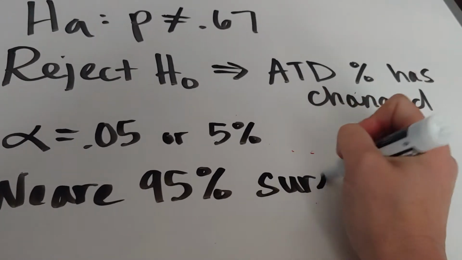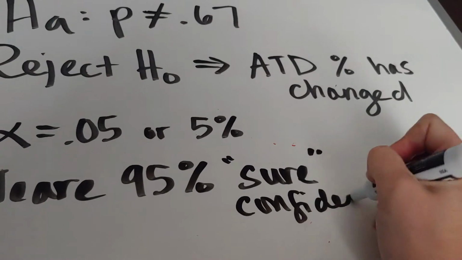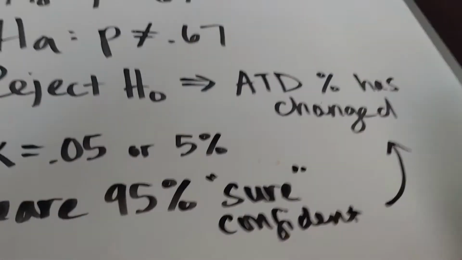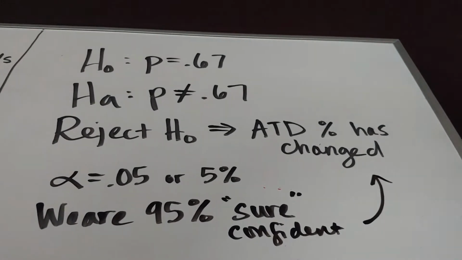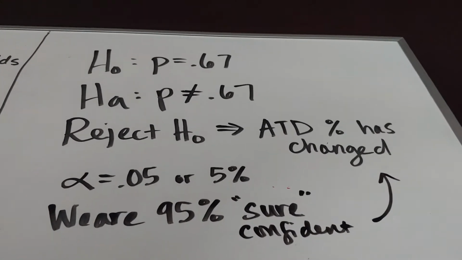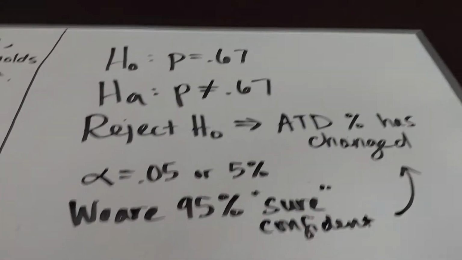How about 95% sure, confident in our results? Okay. So when I do a 5% measuring stick, I'm saying I'm 95% sure that this is true. Well, that means that there's a 5% chance I'm wrong.